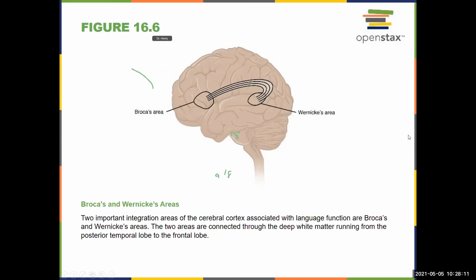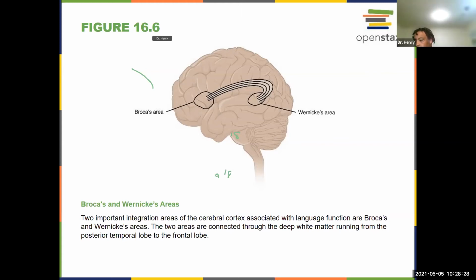So if you get sick and one of those two is being affected, it could cause just the specific one that's being affected to affect your language, when it comes to speaking. Yeah.